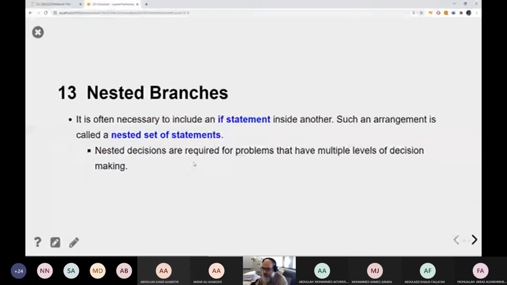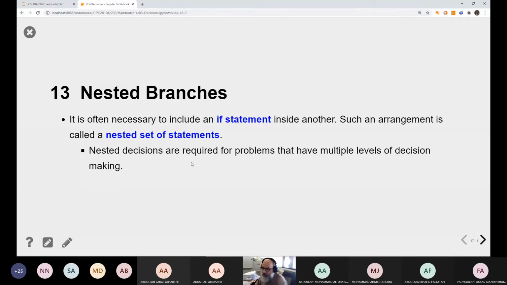This is where we stopped last time. Basically, last week, we took the if statement, and we saw two forms of the if statement: if condition, then a block of statements, and then else another block of statements, or if and only one block of statements.